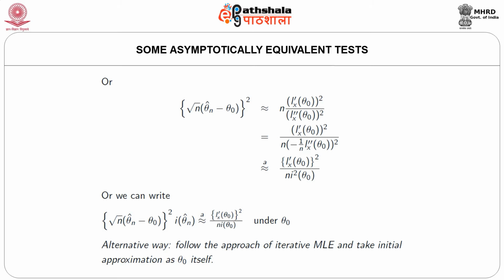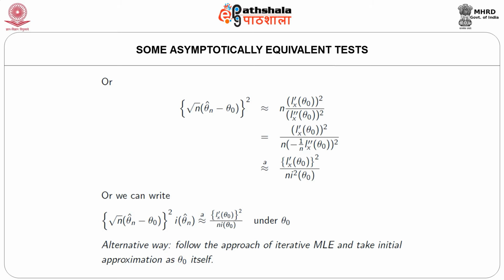Or we can write root n times (theta_n hat minus theta naught) whole square times I at theta_n hat is asymptotically equivalent to l_x prime(theta naught) whole square by n times I(theta naught) under theta naught.